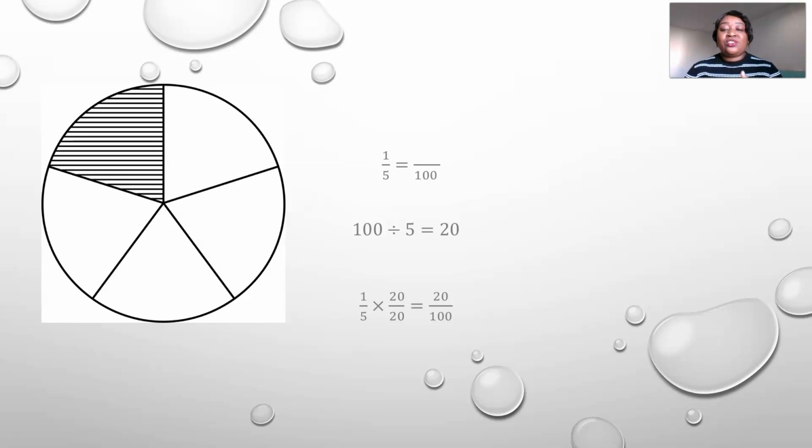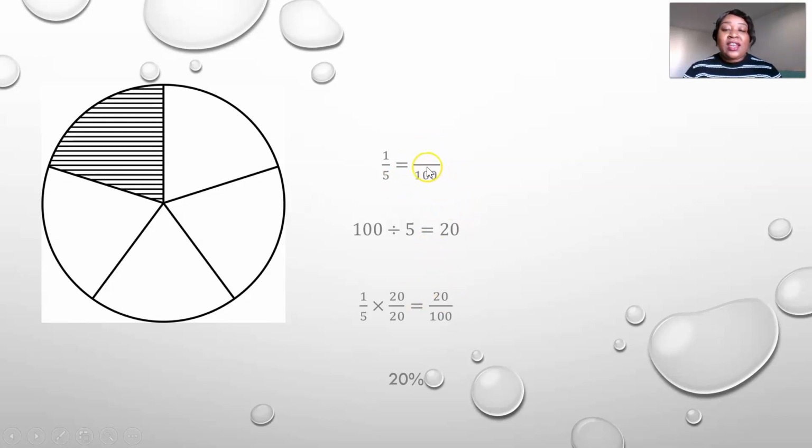Then you can use 20 to multiply the fraction that you started with, which is 1 over 5. So you can say 1 over 5 times 20 over 20, and you get 20 over 100, which means your answer is 20%. So 1 over 5 is equal to 20 out of 100.